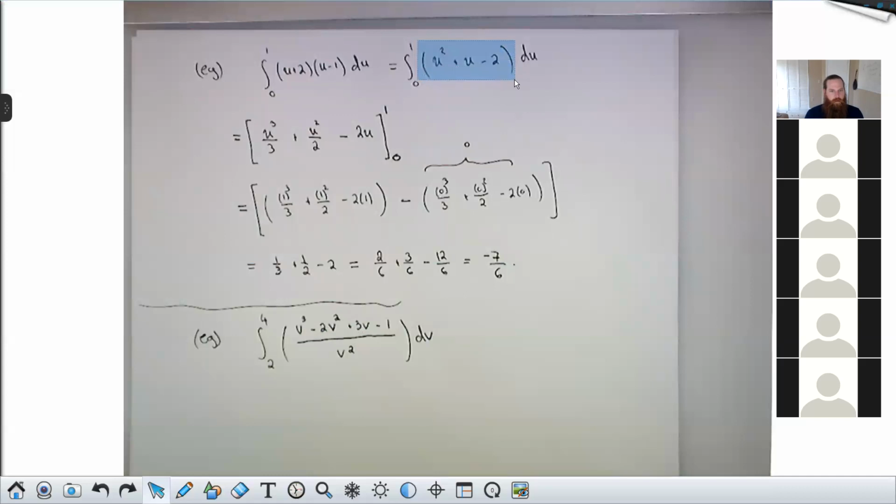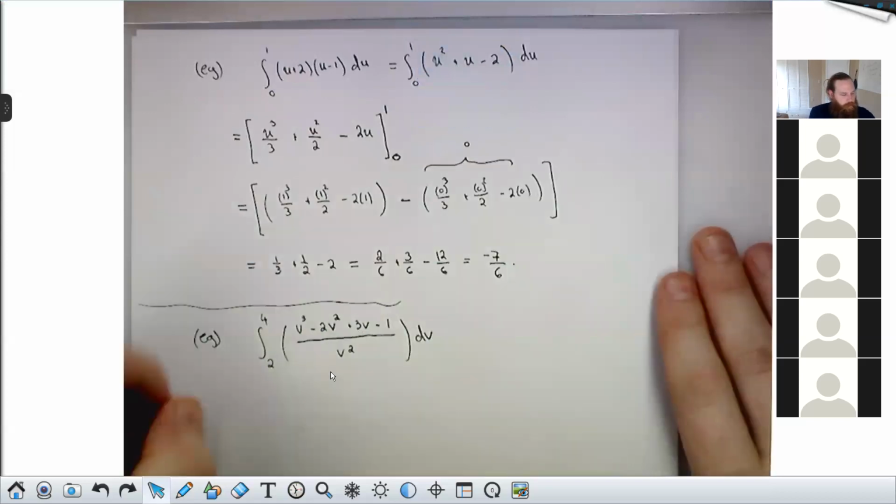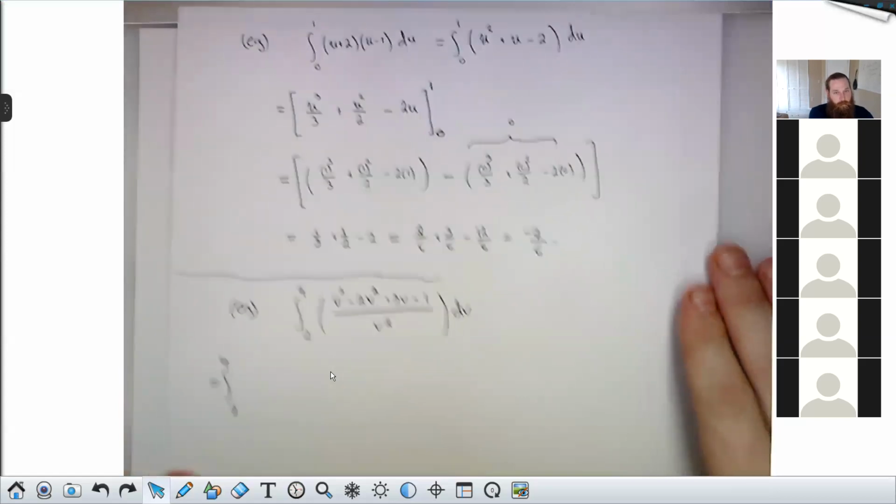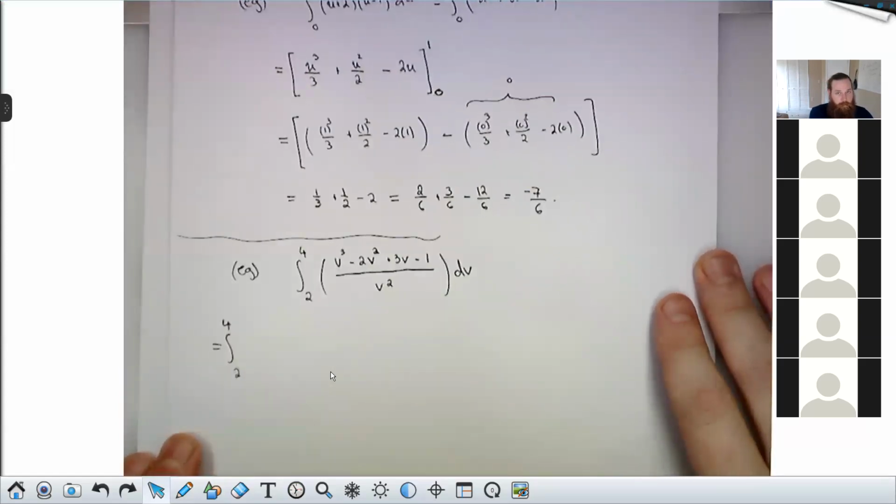So if I can make my integral down there at the bottom with the v's into something like this, then I'm in good shape. So my very first step here should be simplifying the inside. And the take-home lesson is always do as much algebraic simplification as possible before trying to do the calculus.